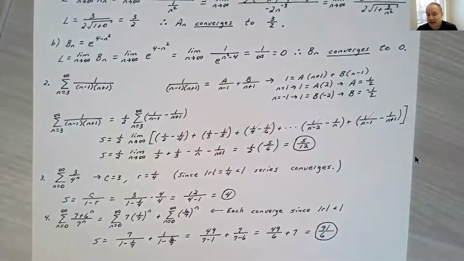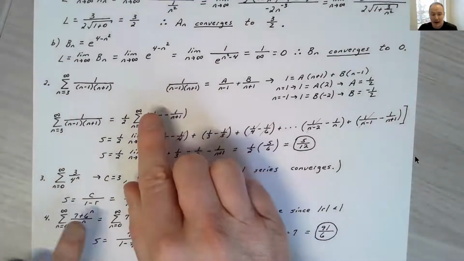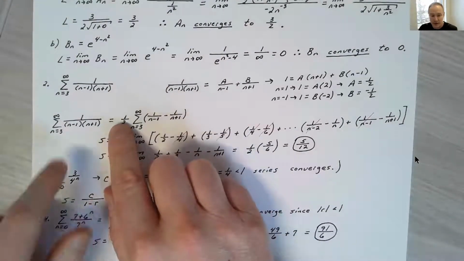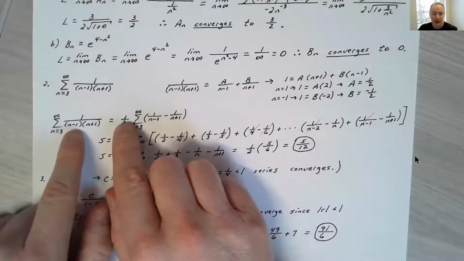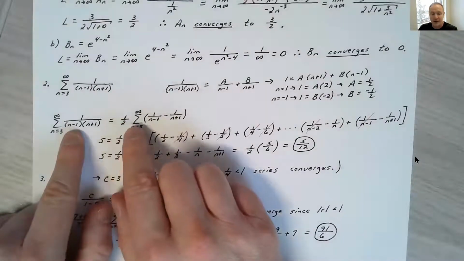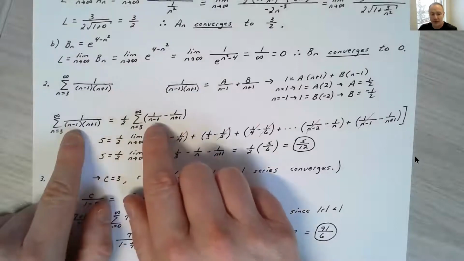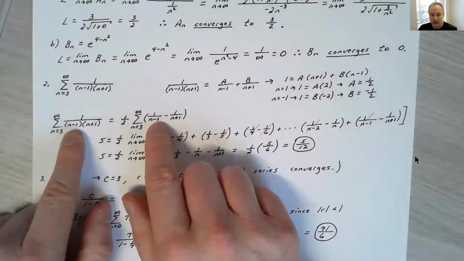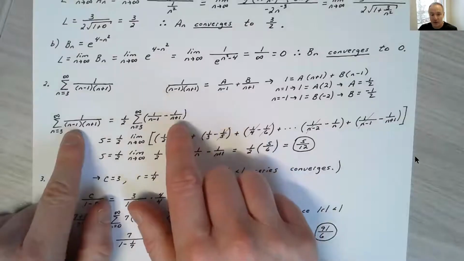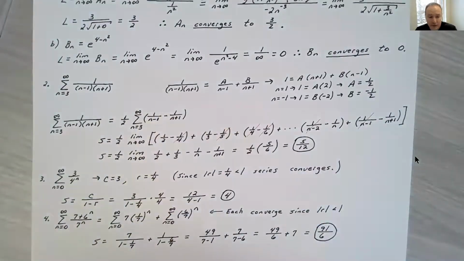Instead of writing it like that, I thought it would be better to go ahead and factor that 1/2 on the outside of the summation. So you'll see our original summation is equal to 1/2 times the sum from 3 to infinity of 1 over n minus 1 minus 1 over n plus 1. Now, once I do that, we know we're trying to find the sum of the series.